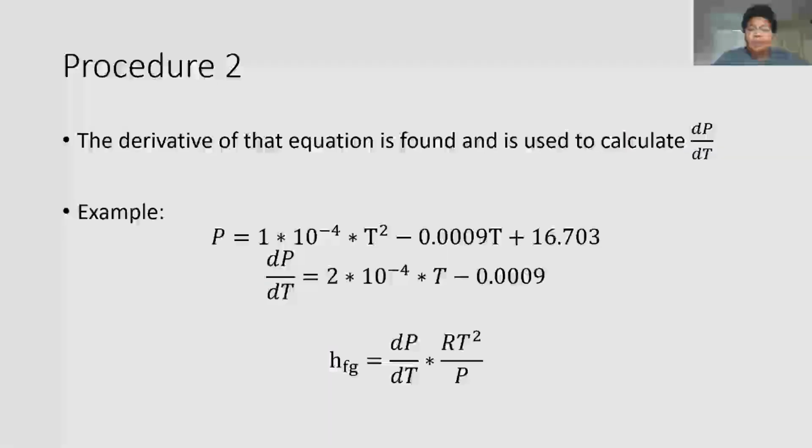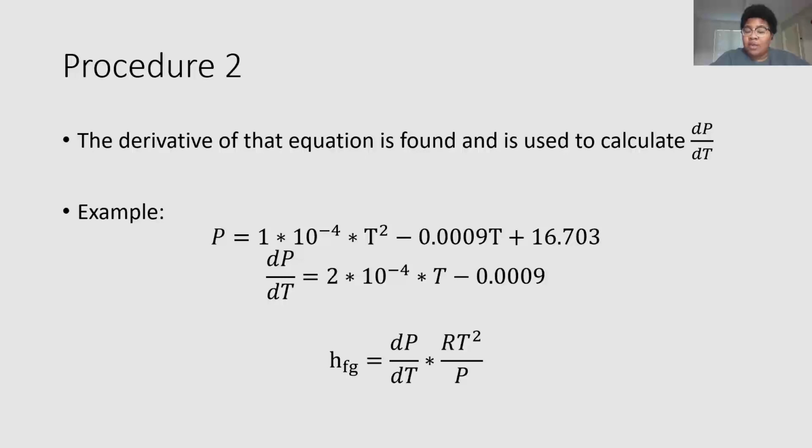Okay, so I got this equation and then I took the derivative. I used that to calculate dP over dt. Here's one example. This is for data 1 with beads. Here's the equation that I got from the trend line. I took a derivative and then plugged in T to solve for dP over dt.